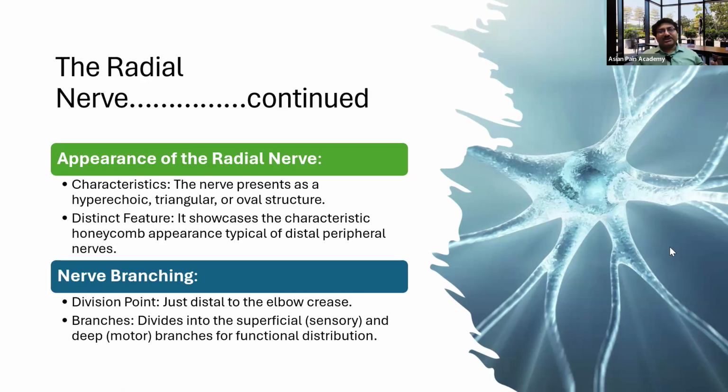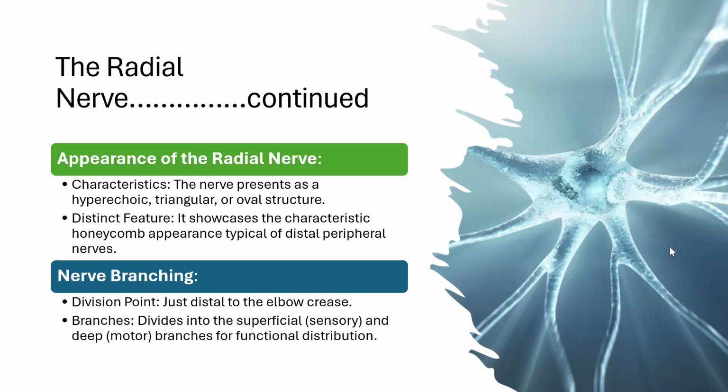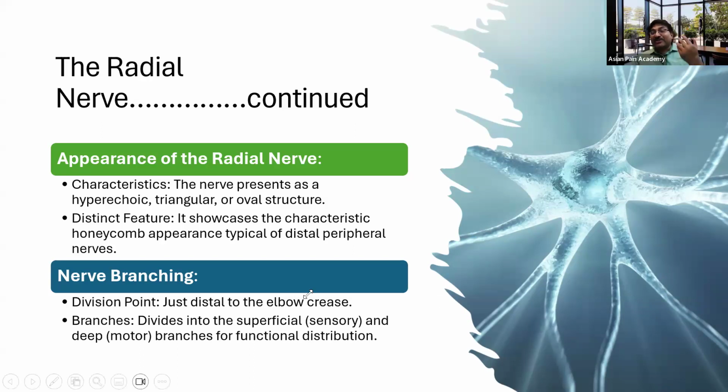Which muscle is pierced by the radial nerve at the elbow? Pronator. No, it is the median nerve that actually pierces the pronator teres.